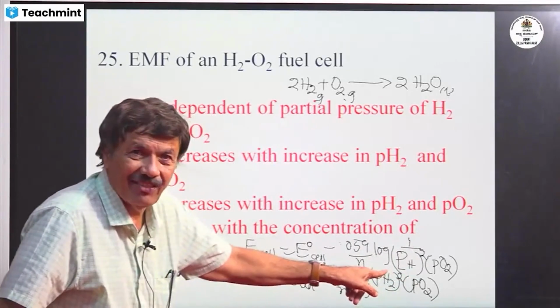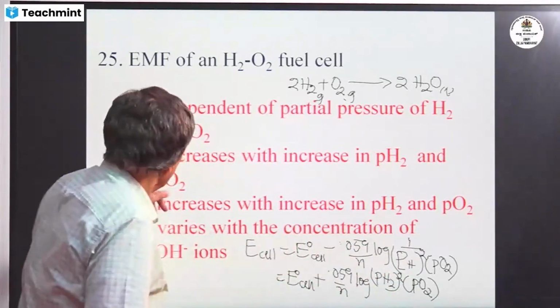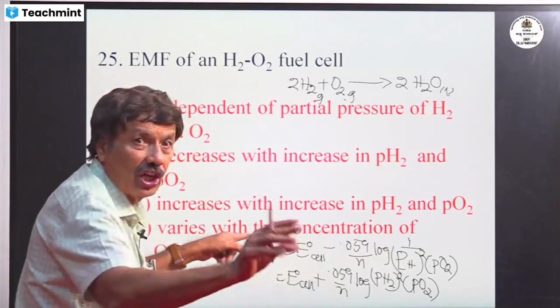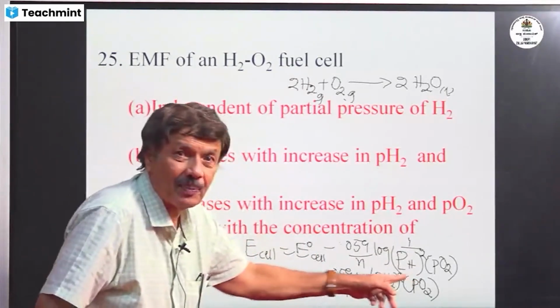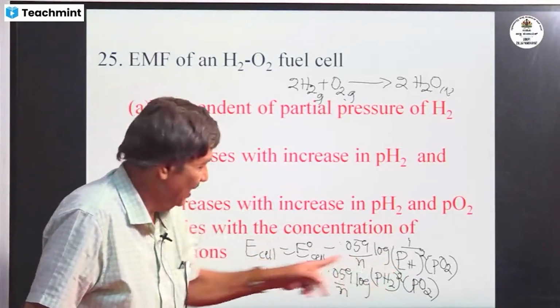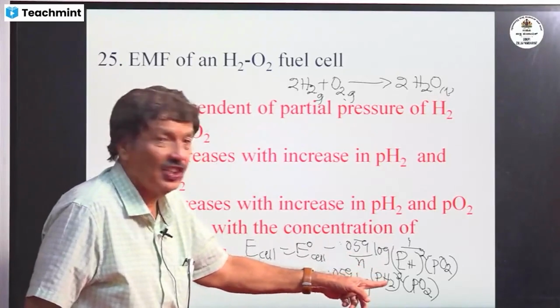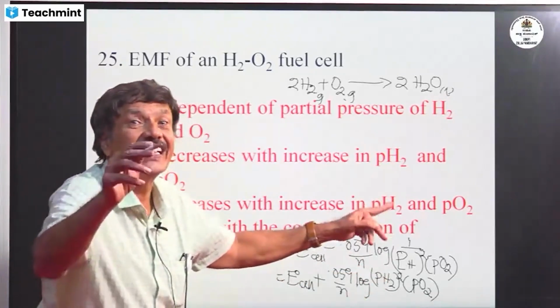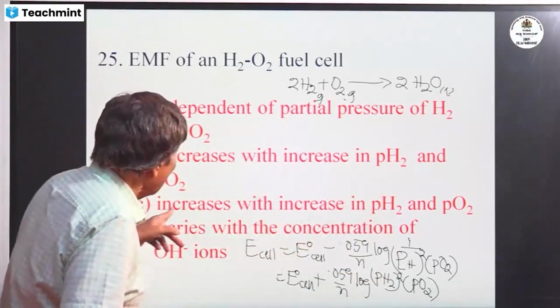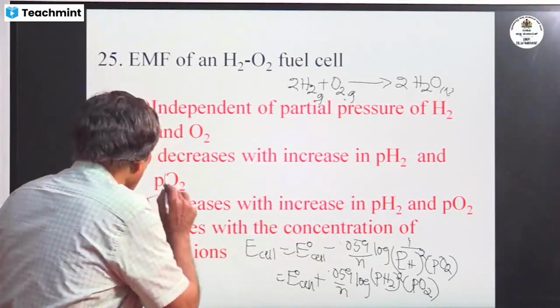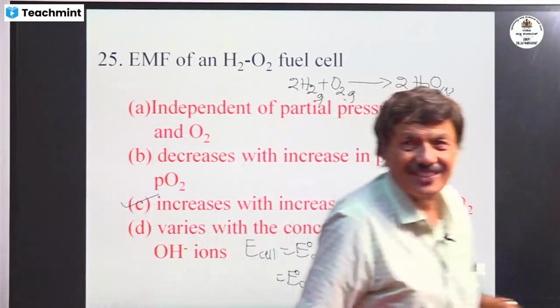Both are there in the equation. Decreases with increase in partial pressure of H2 and oxygen? That's also not true, because both these partial pressures are in the numerator. Here is a plus sign, so when partial pressure of hydrogen and oxygen increases, E cell should increase. Increases with increase in partial pressure of H2 and O2. Don't you feel option C is the right thing?